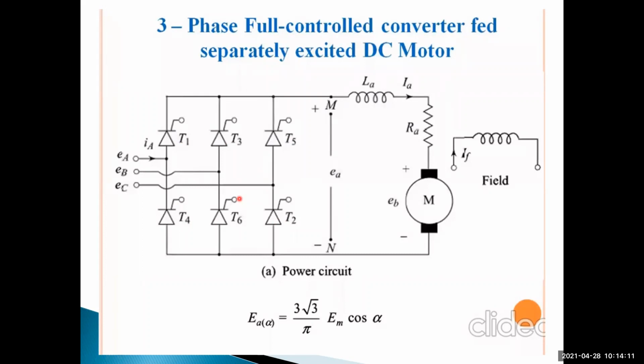For example, at the negative peak of phase EA, the negative peak is given to thyristor T1. So what happens here? T1 is reverse biased. If we give the triggering pulse to thyristor T1, there is no use of that. The thyristor is not turned on during the reverse biased condition. Only during forward bias conditions do we have to give the triggering pulse to the thyristors.